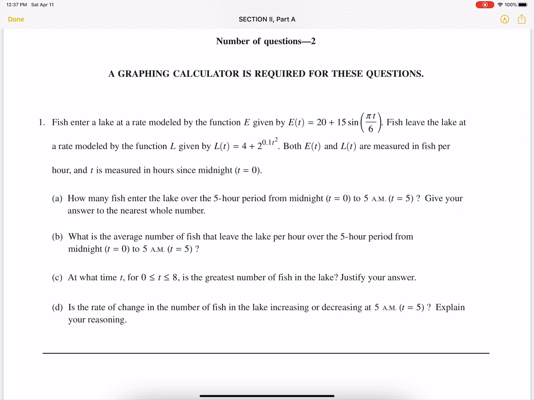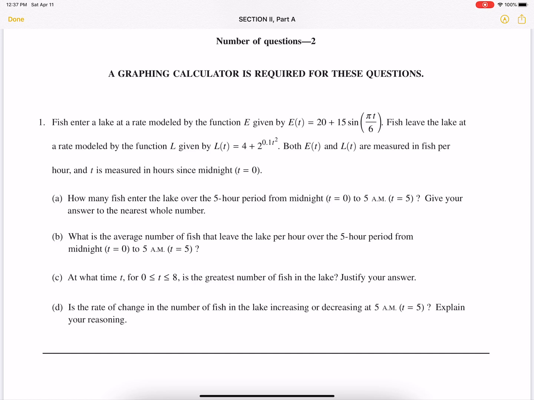Okay, this is the problem. Fish enter a lake at a rate modeled by the function E given by E of t equals 20 plus 15 sine of pi t over 6. Fish leave the lake at a rate modeled by the function L given by L of t equals 4 plus 2 to the 0.1 t squared. Both E of t and L of t are measured in fish per hour, and t is measured in hours since midnight.